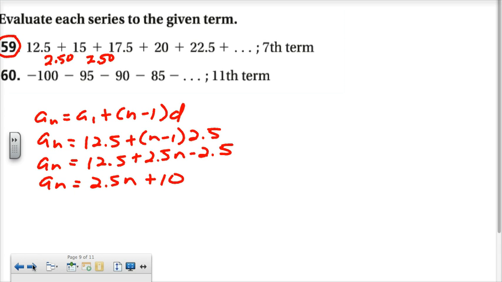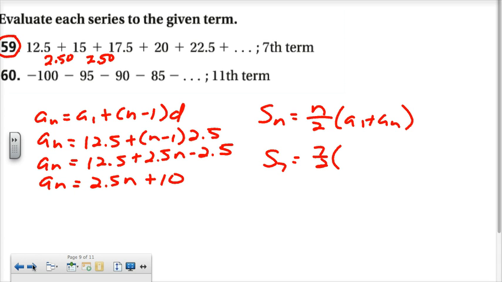And then we do want the sum. So we need to grab the formula for the sum of an arithmetic series. And we want 7 terms, where the first term was 12.5. And we need the 7th term. So that's what this rule was built for. So we need $2.50 times 7, and then we need to add $10 to that, and that'll be $27.50.